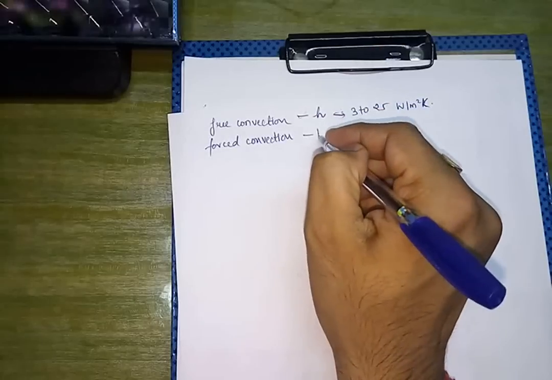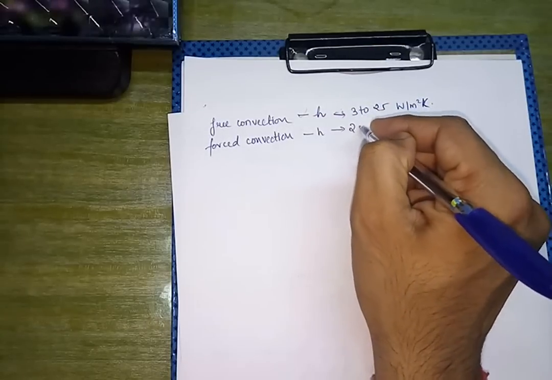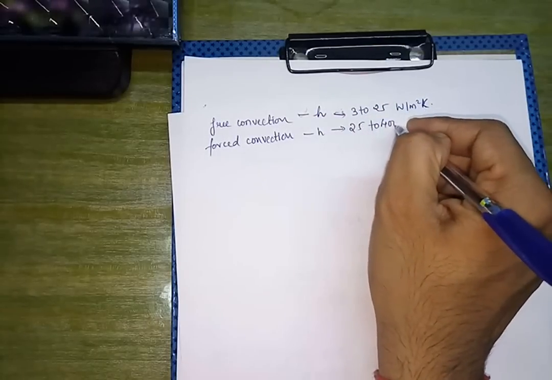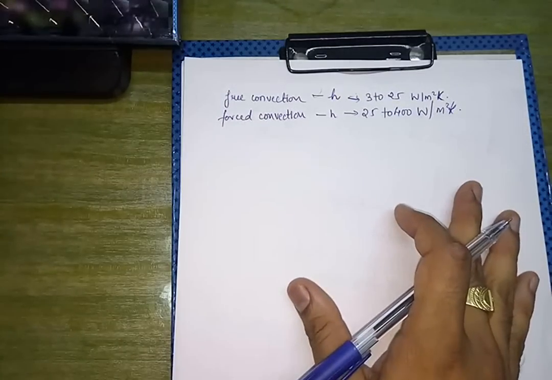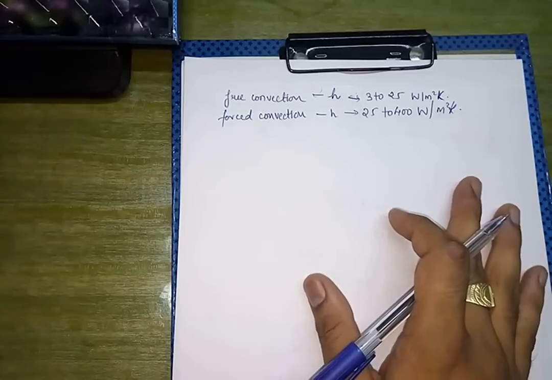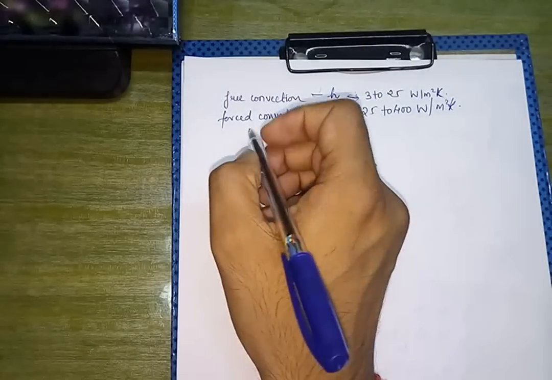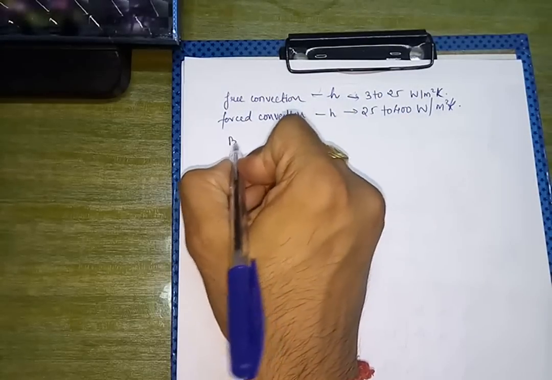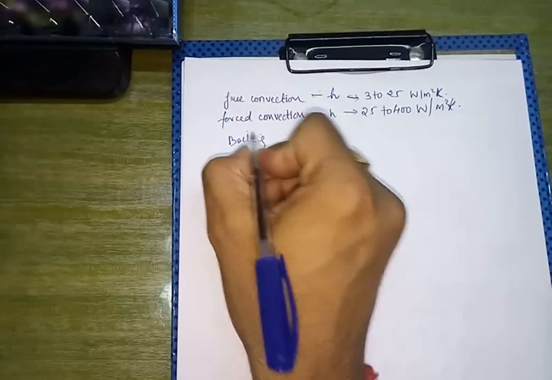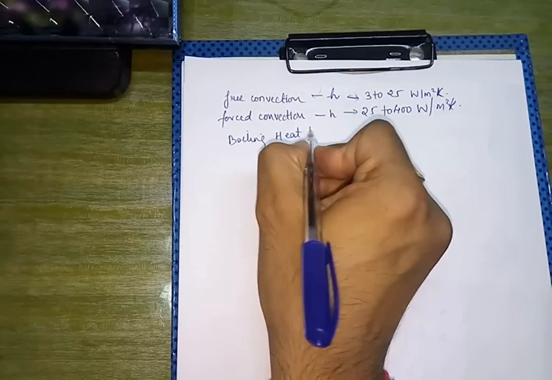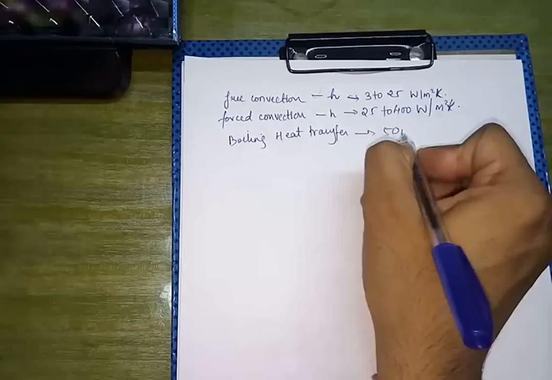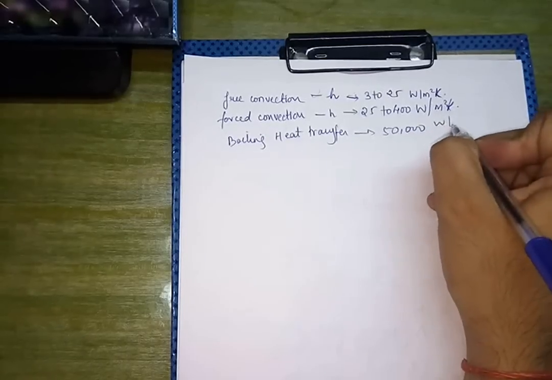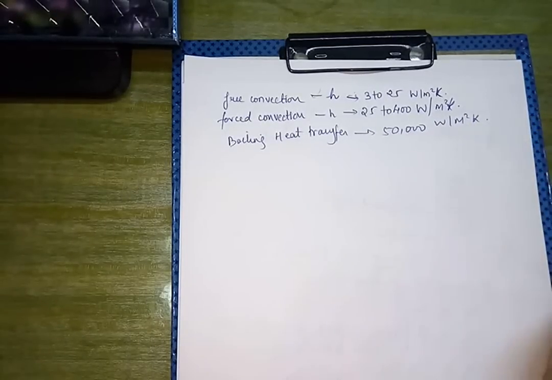And in case of forced convection, the value of h generally lies between 25 to 400 watts per meter square Kelvin. Okay. Now, the maximum value of the heat transfer coefficient occurs in case of boiling heat transfer, having a value of 50,000 watts per meter square Kelvin.